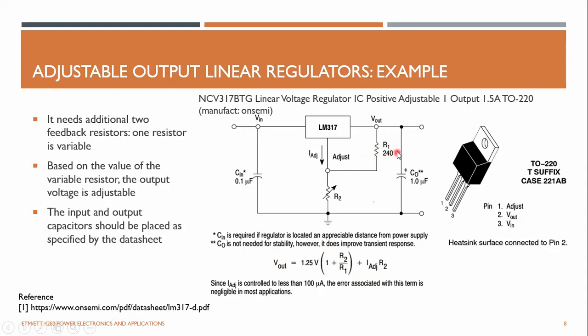The manufacturer sometimes specifies this, R1 is 240. You can substitute that value here. And I adjustable is also given in the data sheet. It's less than 100 microamperes, so you can use any value. And then you can find this unknown value R2. Then you can build whatever voltage you require at the output. So it's very simple steps. We will work on an example later.